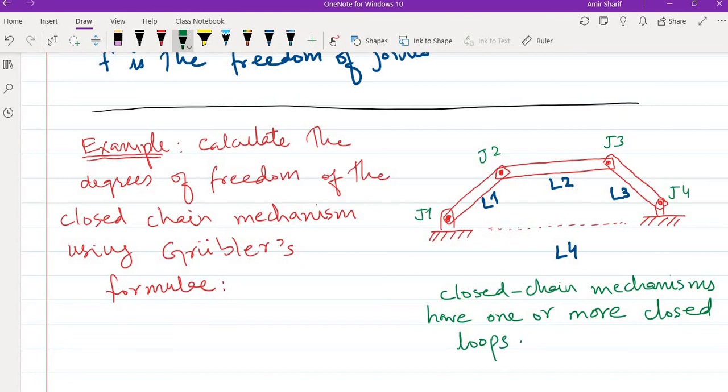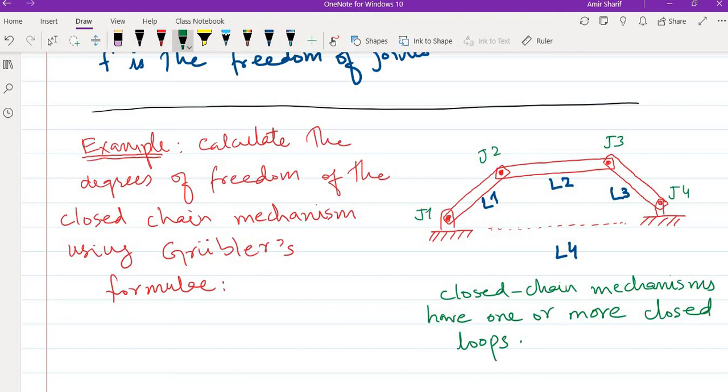So why am I saying it's a closed loop? Because it started from a fixed ground and was connected by links and joints, and then it came back to ground. So this is a closed loop. If you imagine the ground also as a link, then all the links are connected end to end. That's why they're called closed chain mechanisms.